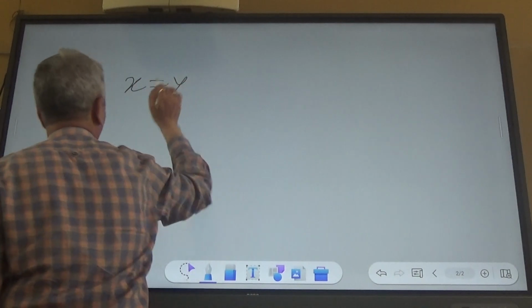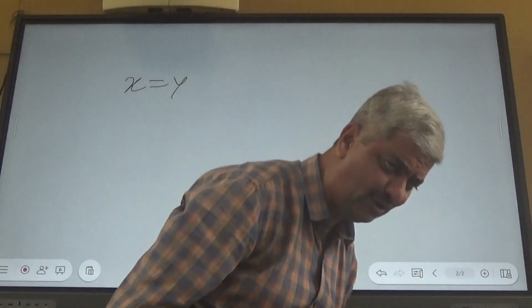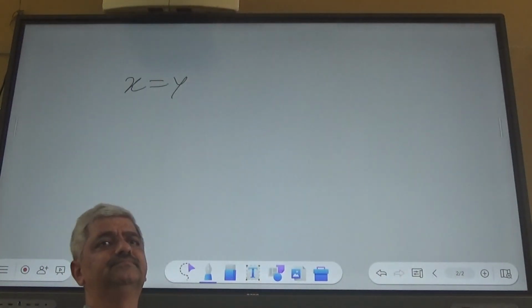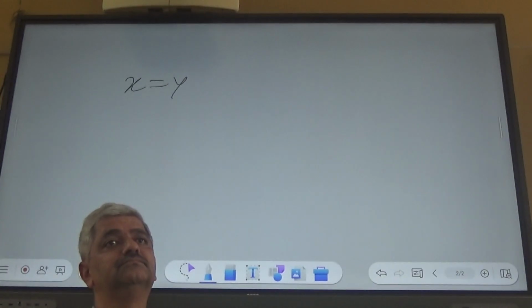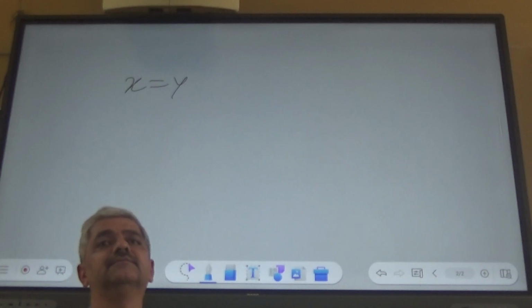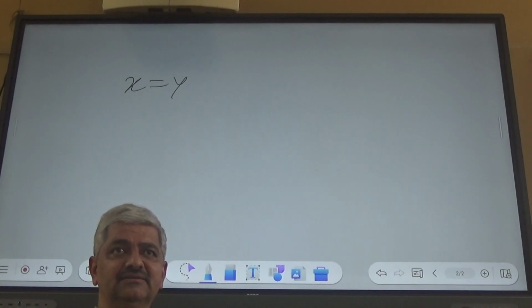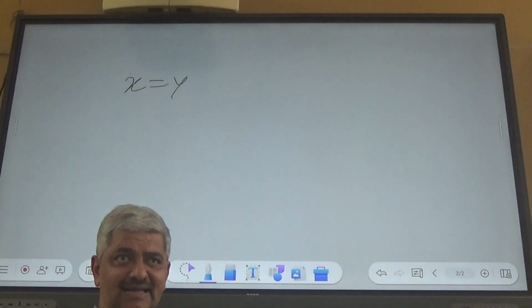X equal to y. We are now in the Cartesian coordinate system. X equal to y, what do you understand from it? What is it? It is a straight line having slope equal to plus 1, right?